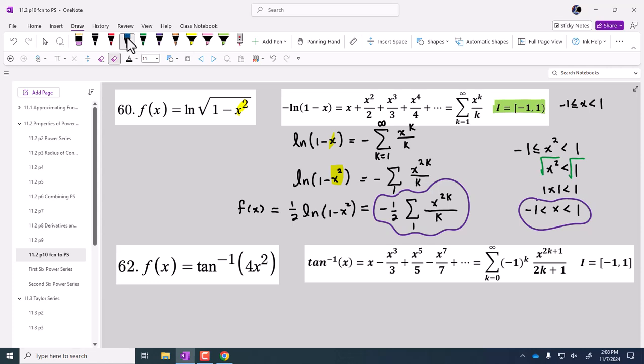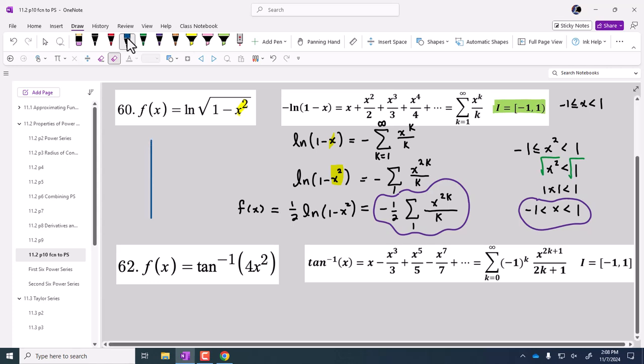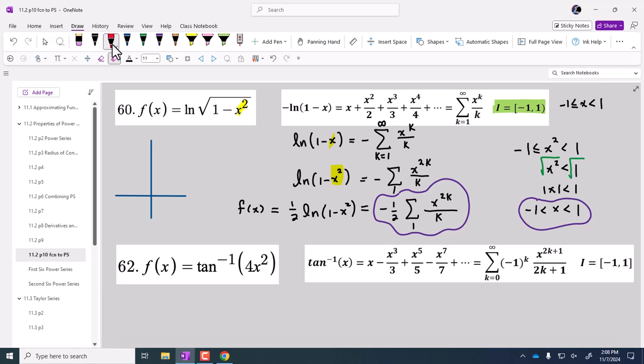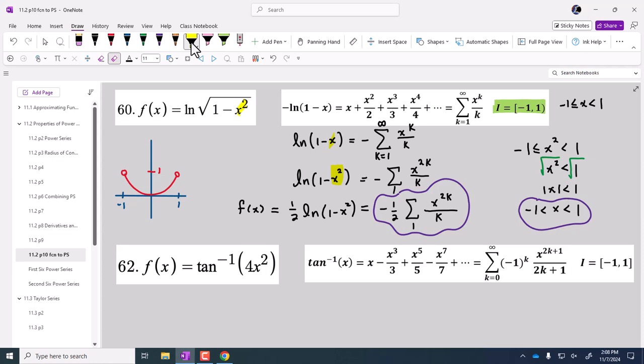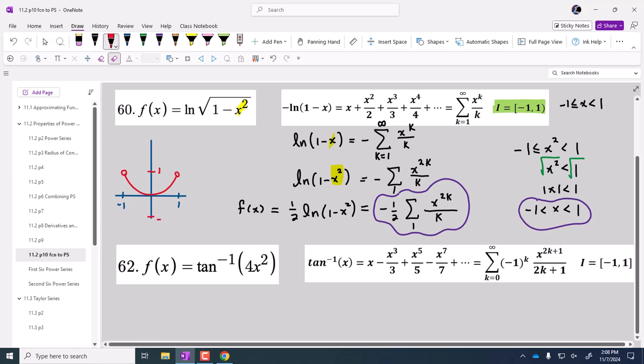So that's the clever algebra way to do it. You can also do it geometrically by thinking graphically. You think about your function. Here, we want the function x squared to be between -1 and 1. So if we take a picture of y equals x squared and draw a graph, there's 1. But we're talking about x's, so there's -1, there's 1. So we want the x's that generate a function value between -1 and 1.